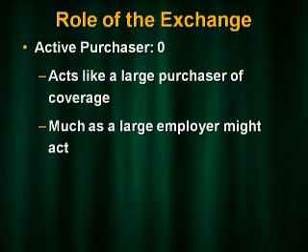And we'll negotiate hard on price and other dimensions of the product. And once we've done that, we're only going to offer the plans that we've negotiated a contract with to people who buy through the exchange. So in some sense, the exchange in that role plays the role of an active purchaser, buying the coverage and then making it available to all of us. But as I say, so far no states have taken that approach. I suspect that if things go well over time, some states will move in that direction.